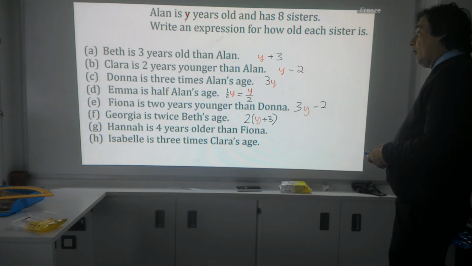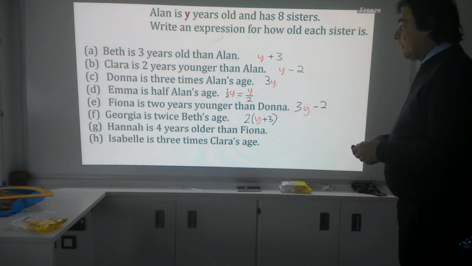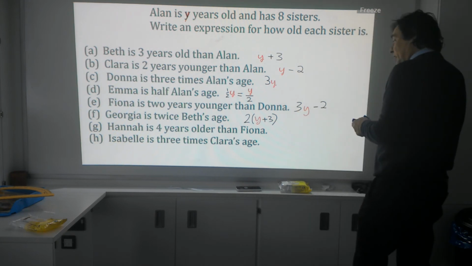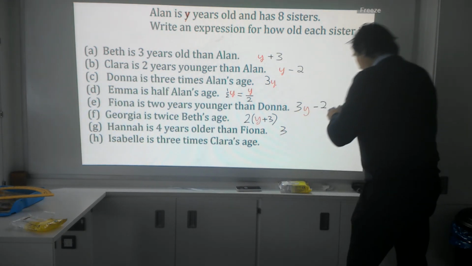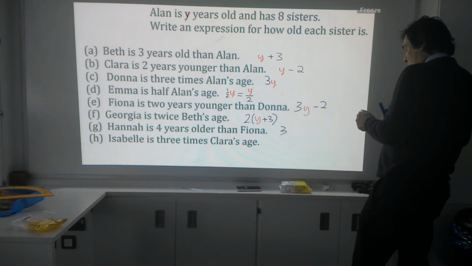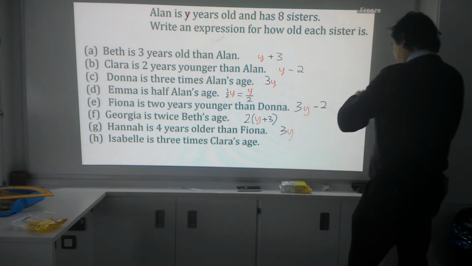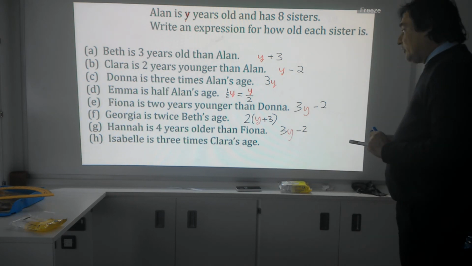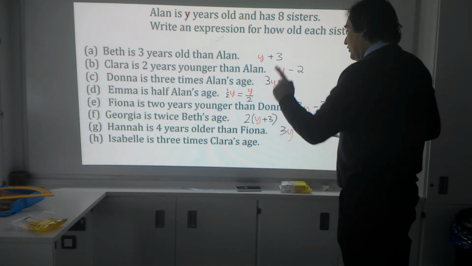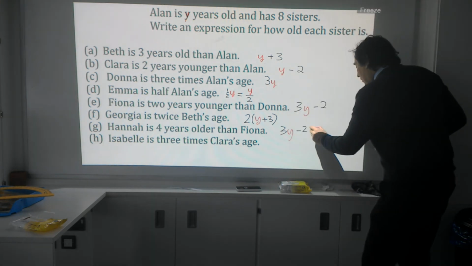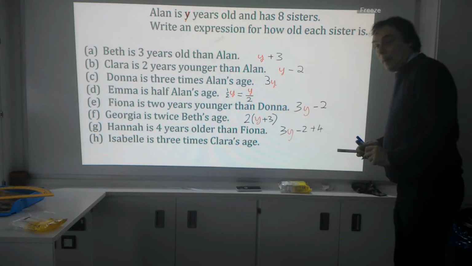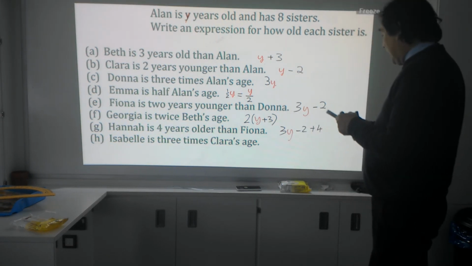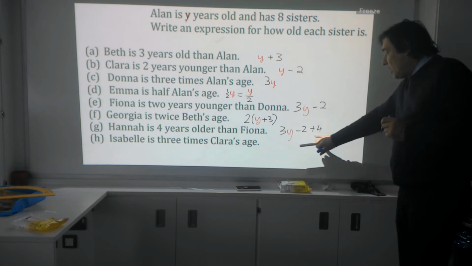Hannah is now 4 years older than Fiona. So where's Fiona? Fiona is 3Y minus 2. Let's write out Fiona's age: 3Y minus 2. She's 4 years older than Fiona, so for Hannah we've got to add 4 onto that expression. I've got a minus 2 and I'm adding 4.